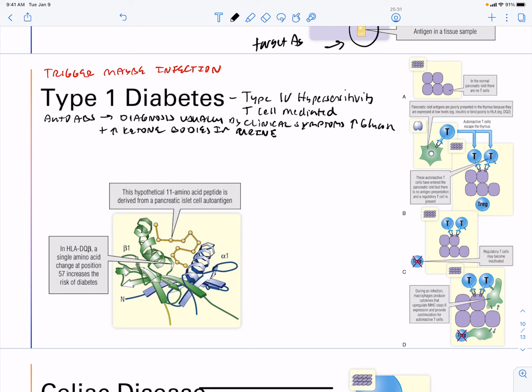And we also have autoantibodies. Autoantibodies are present, but not disease causing.